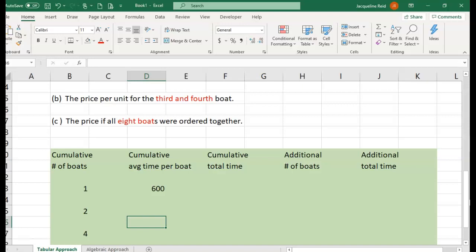So what this means is that if Captain Charles is going to make 2 boats together at the same time, it means that the cumulative average time for the boats is going to be 80%. That's the learning rate multiplied by 600 hours.